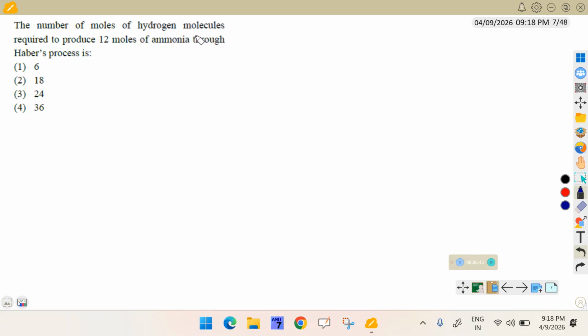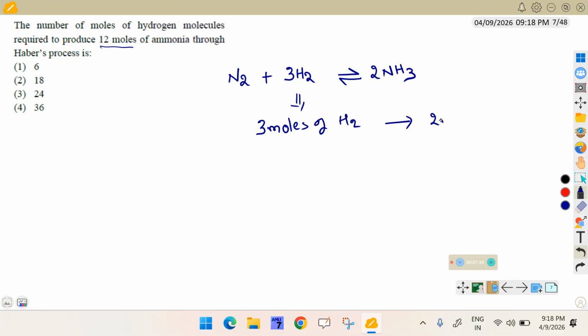The number of moles of hydrogen molecules required to produce 12 moles of ammonia through Haber's process. Haber's process reaction is N2 + 3H2 gives 2NH3. So 3 moles of H2 gives 2 moles of ammonia.